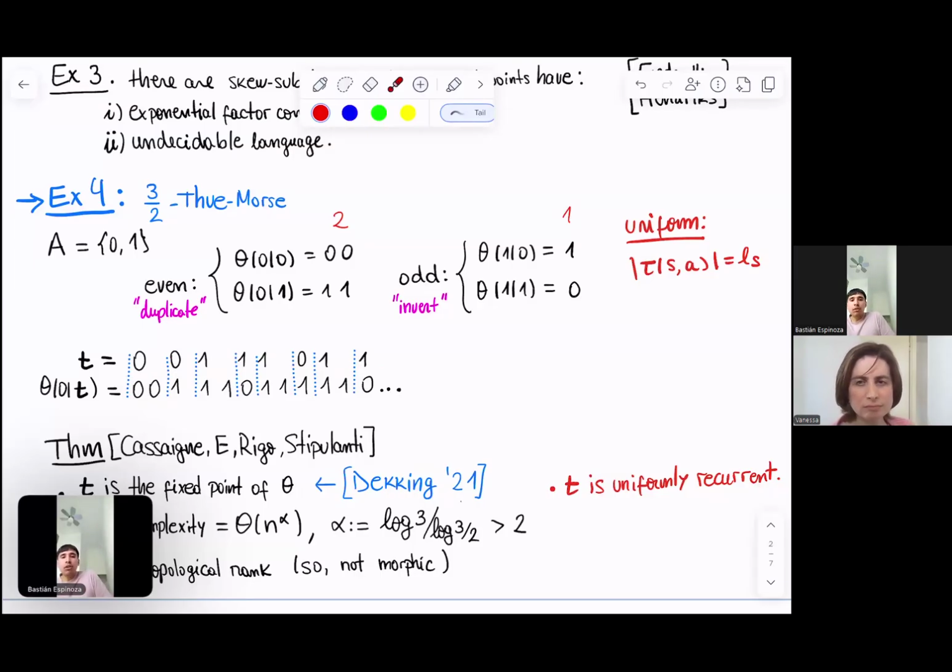At odd positions, we invert the letter. So if we apply this rule to the zero position, this is an even position, so we duplicate the letter. Then in the next one, this is an odd position, we invert the letter. And then we duplicate, we invert, we duplicate, we invert, and so on. And we check that we generate the same prefix, but longer, of course.